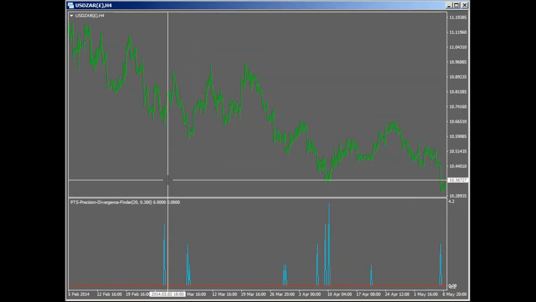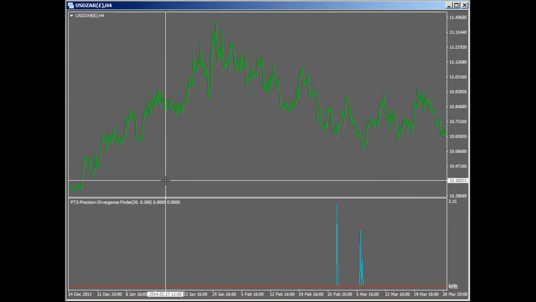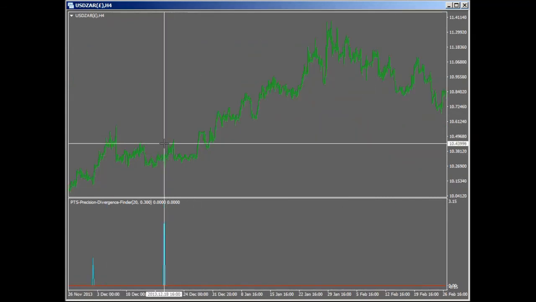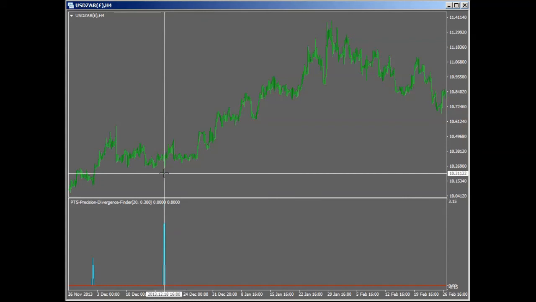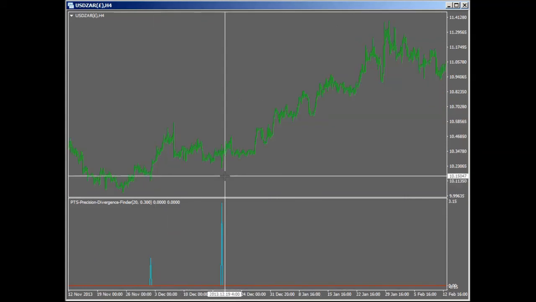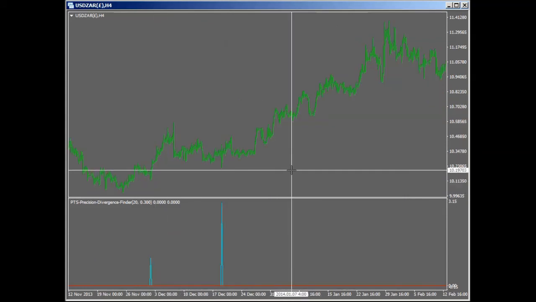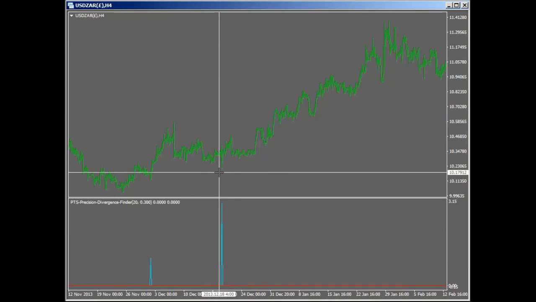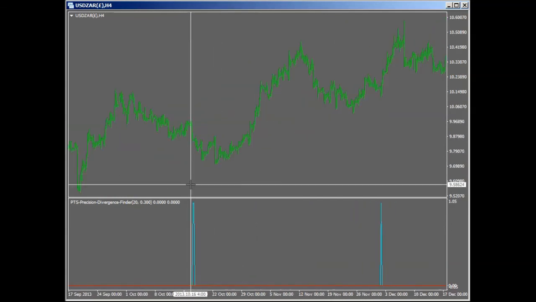The ego in trading is usually a very bad thing. These signals always come on the lows. That's why they look so spectacular, because the idea is if the price is making a new low and demand index is not making a new low, then something's going on that's worth looking at.